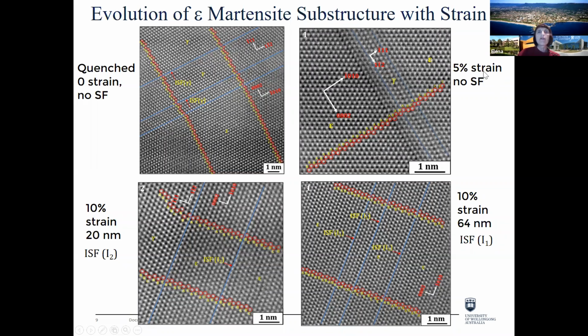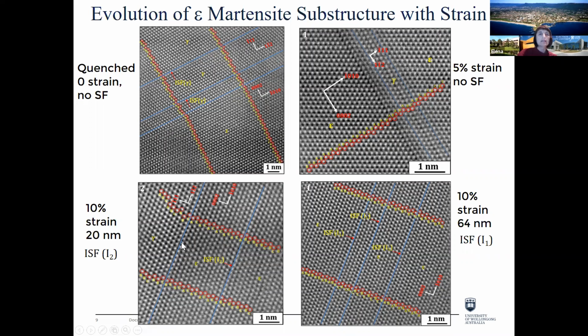Then when we have 5% strain, we have very tiny, very thin plates of epsilon martensite forming. And again, as you could see here, there are no stacking faults in epsilon martensite that just formed at 5% strain. However, with an increase of strain to just 10%, we could see the appearance of an intrinsic stacking fault of I2 type.